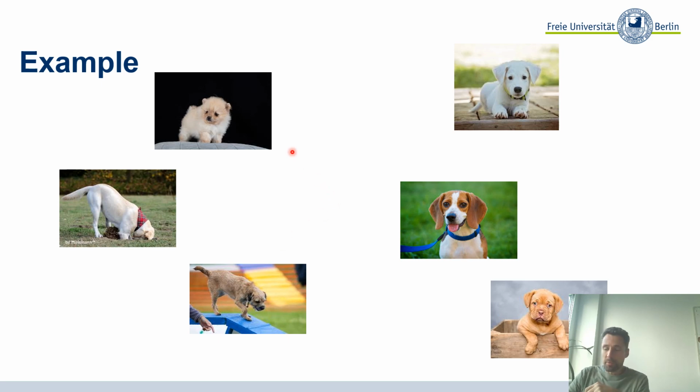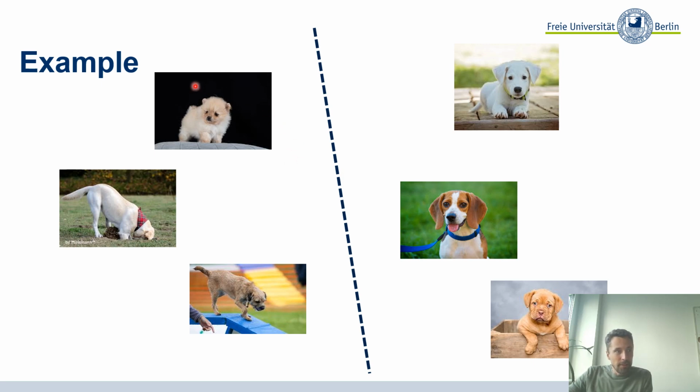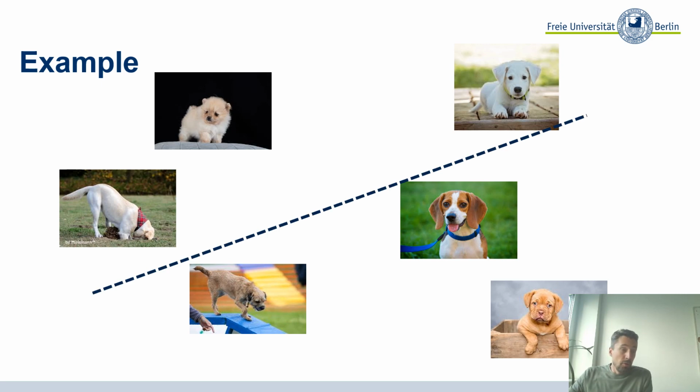So let's, for example, think of two clusters that my algorithm found. Here, for example, this cluster could correspond to dogs showing their right body side, while examples in this cluster all look directly into the camera. Could also be done quite differently.